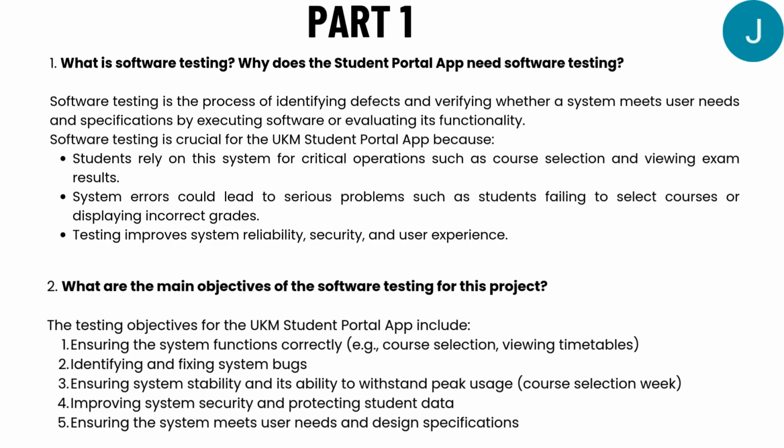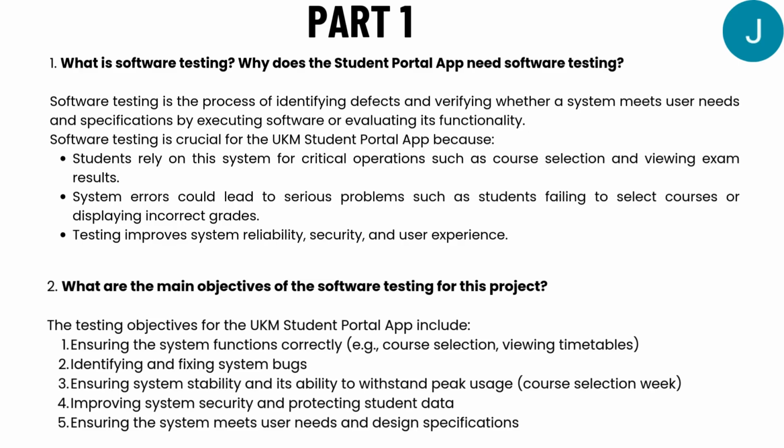Software testing is a process of checking whether a system works correctly. For the UKM Student Brochure app, testing is important because students use it for course registration and results. If the system has errors, students may face serious problems. So testing helps to ensure the app is reliable and safe to use.